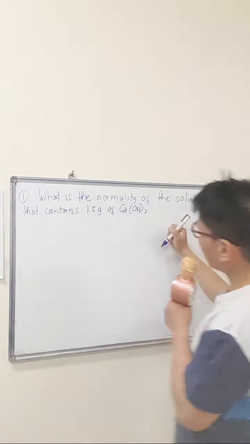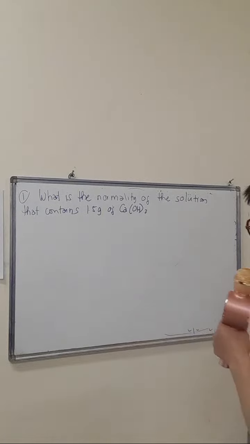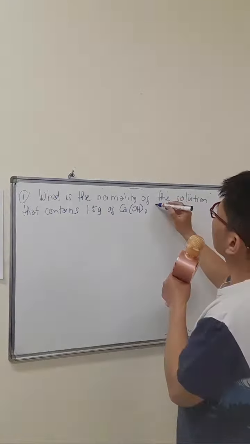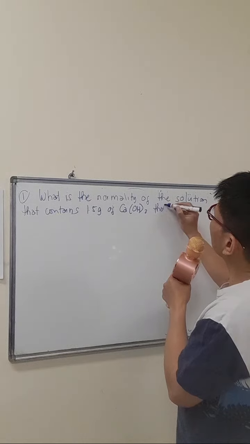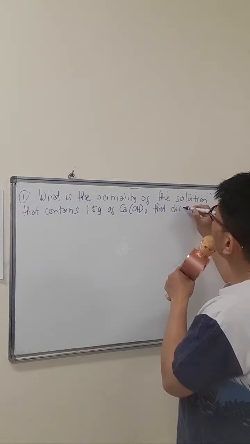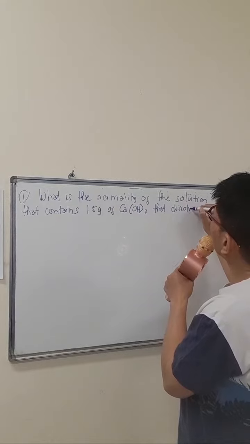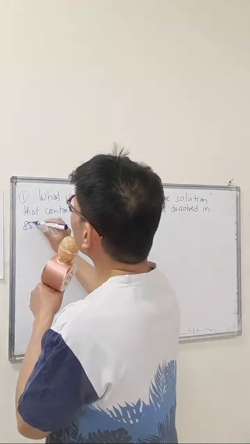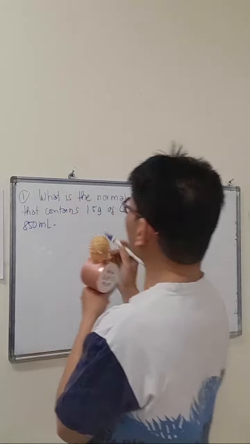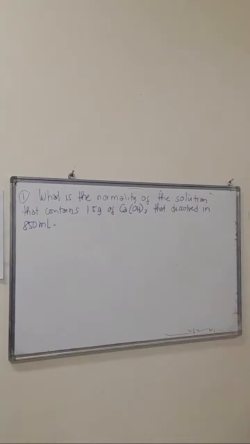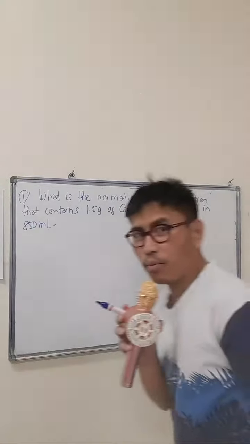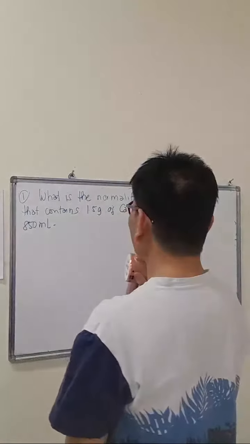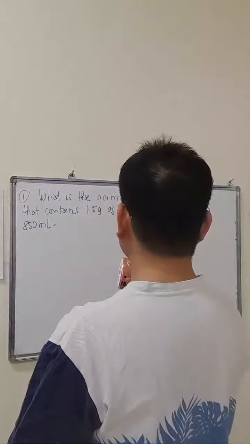Calcium hydroxide, that's the 2 family, group 2A. Then that dissolves in 850 ml. Check the grammar. What is the normality of the solution that contains 1.5 grams of calcium hydroxide that dissolved in 850 ml?